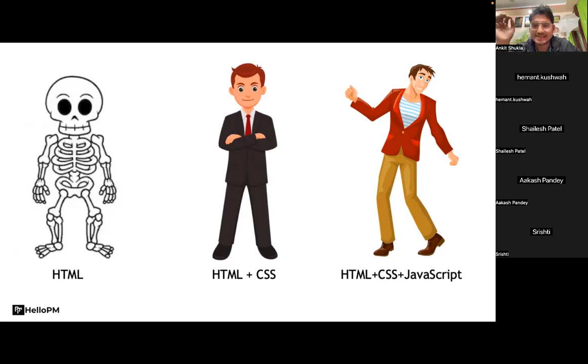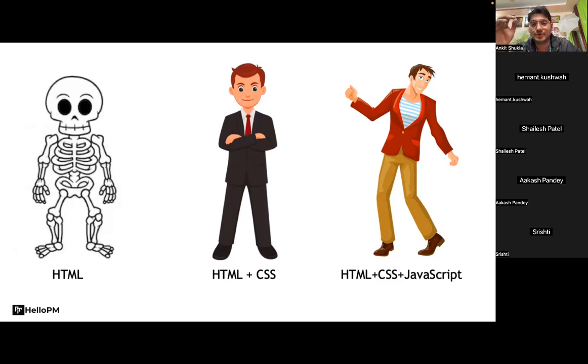Second is CSS. CSS is able to give the color and some kind of positions. It makes sure that the information is very presentable. The colors, the spacing, the position that you see, the beautiful scrolls, the images that you see, all of this is the responsibility of CSS. If CSS is not there, a website can work, but it will not look as good as it is right now.